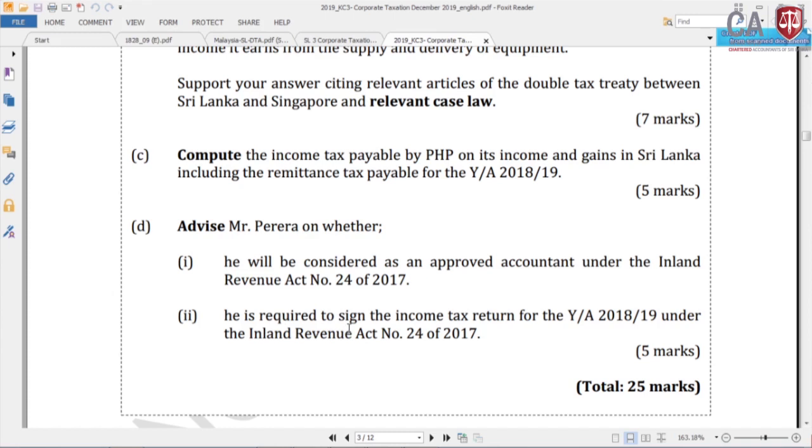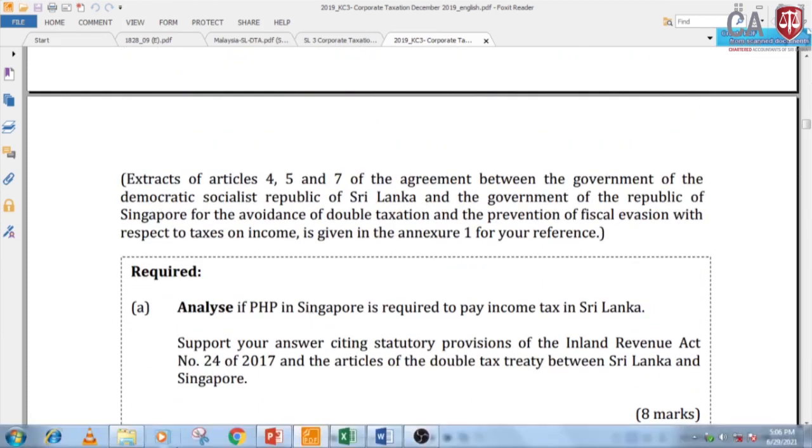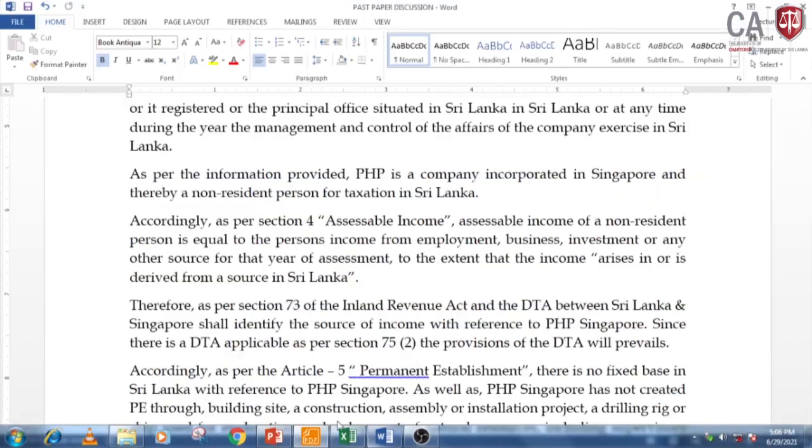Can you remember that under section 126 subsections 4 and 5, it is mentioned that the person who prepares the return shall sign the return for its accuracy and completeness. Then you have to argue whether Mr. Pereira is an eligible or required person. Okay. For 5 marks, these are the requirements.